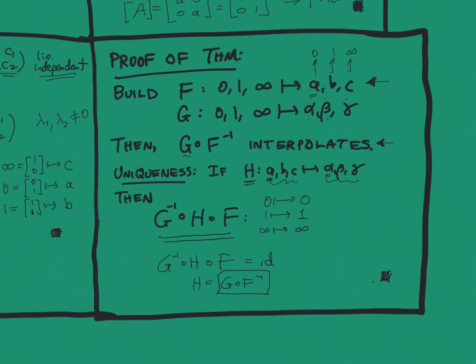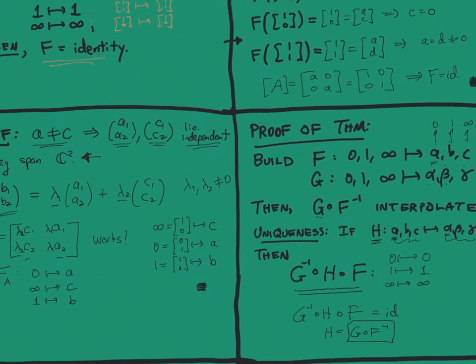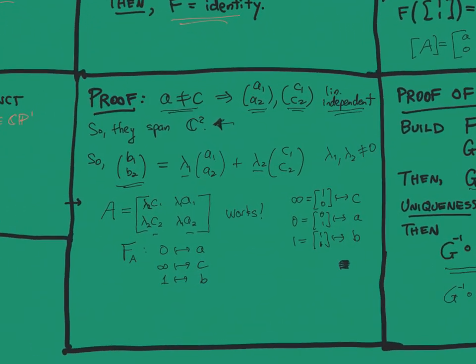One final thing to point out about this proof and the theorem is that it's completely constructive, obviously. If you want to do this interpolation with concrete points A, B, and C, and alpha, beta, gamma, you can just follow this procedure and build F and G as we've done it. So you build F as in the proof of the second lemma.